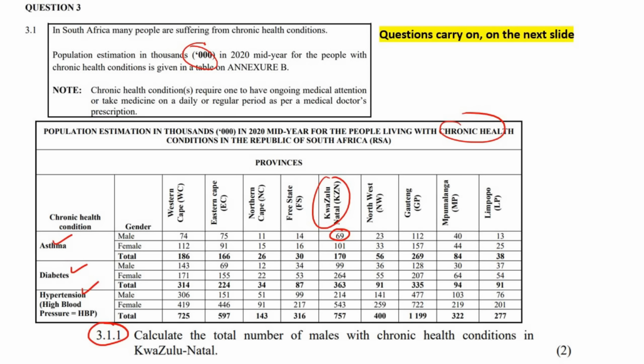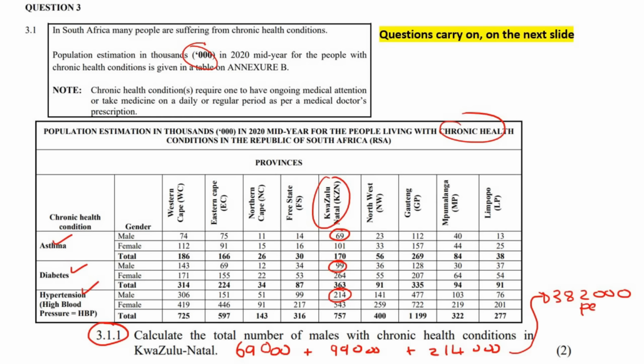And then for diabetes, there are 99,000, and then high blood pressure, 214,000. So we would add all of those together, so you could say 69,000 plus 99,000 plus 214,000. And if you work that out, we get to 382,000 people.